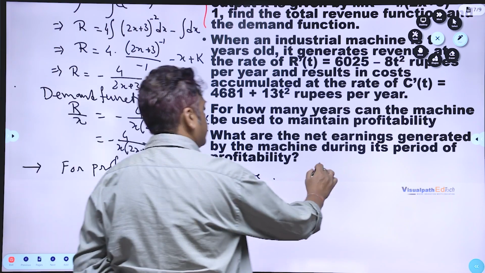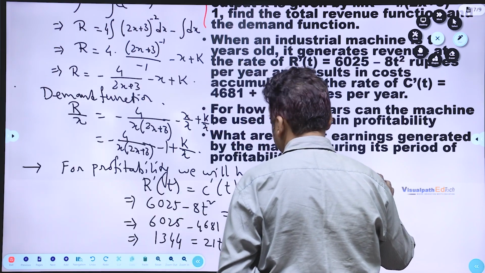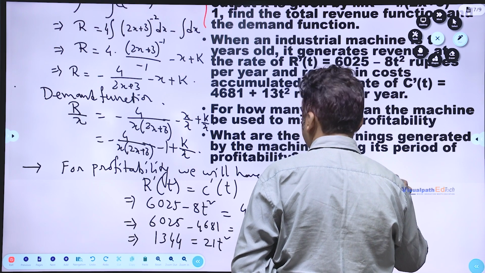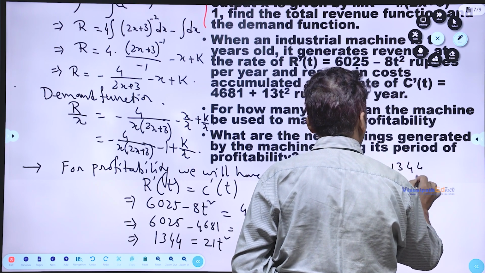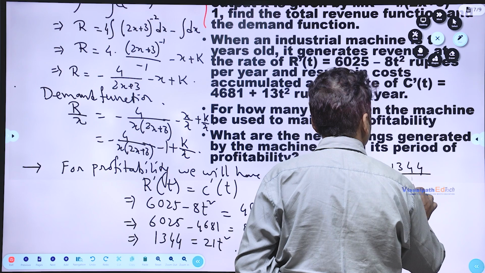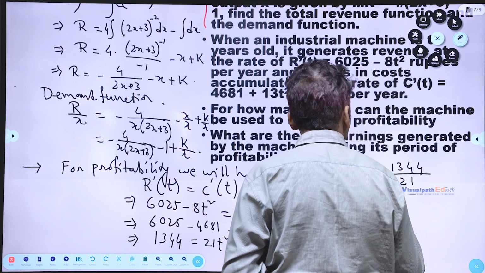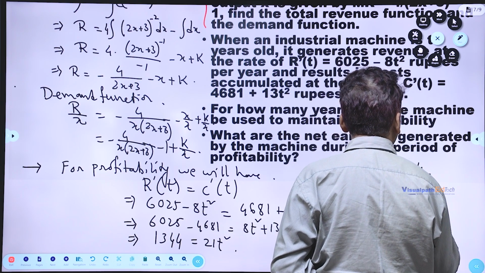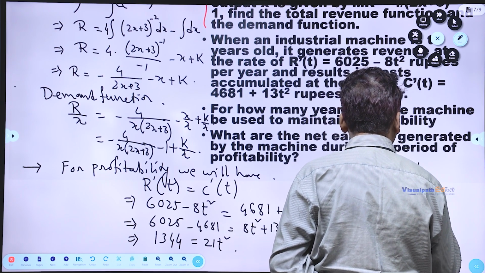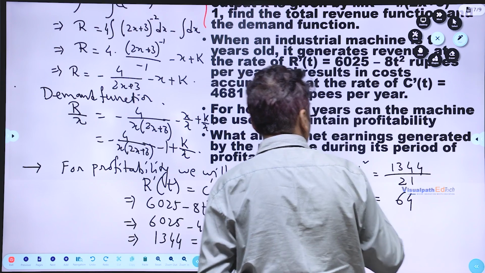Okay. So therefore, T square is equal to 1344 divided by 21. Okay. So this will be equal to, if you do cancellation, you'll get 64, if I'm not wrong.